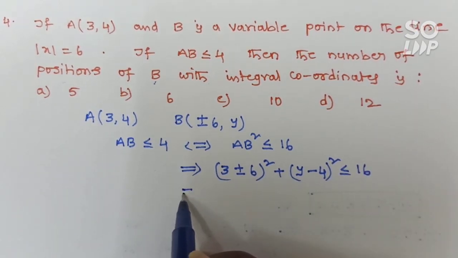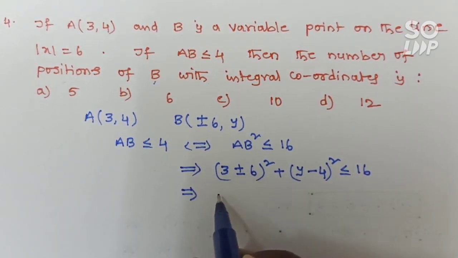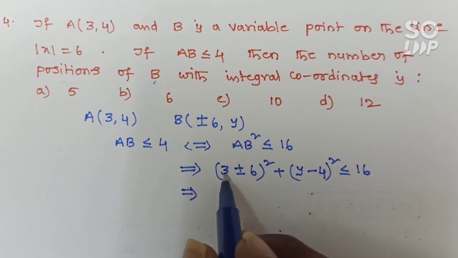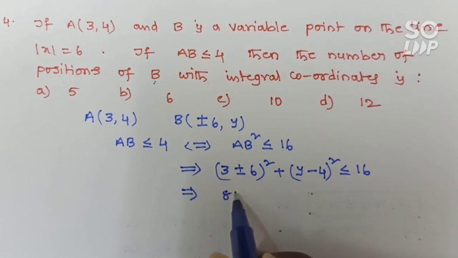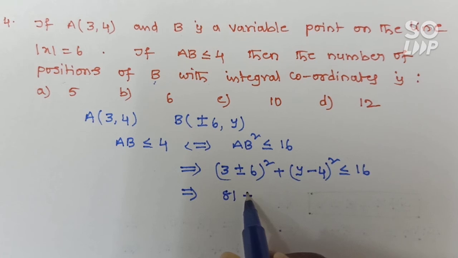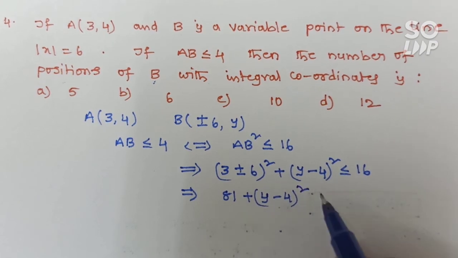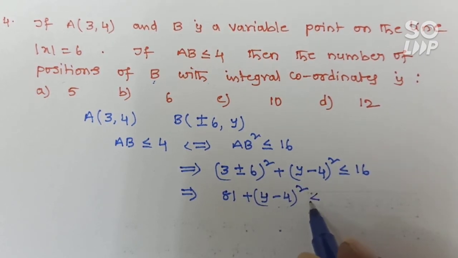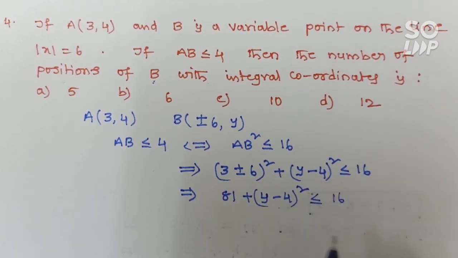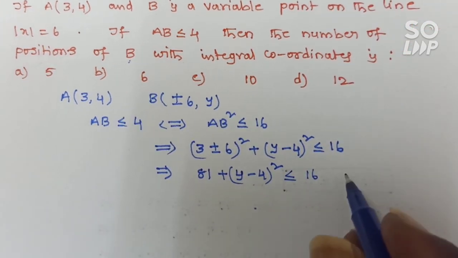Now from this, one value is 3 plus 6, which is 9. 9 squared is 81, plus (y minus 4) whole square is less than or equal to 16.